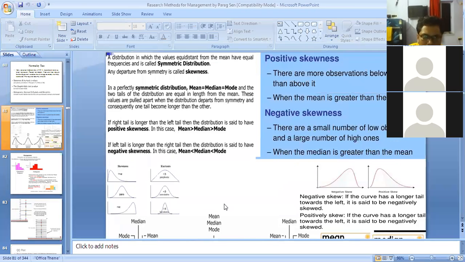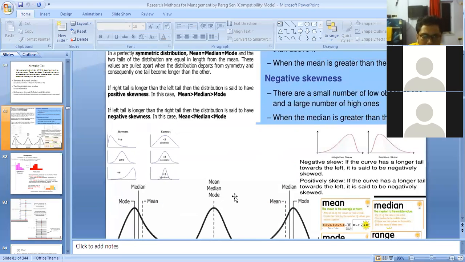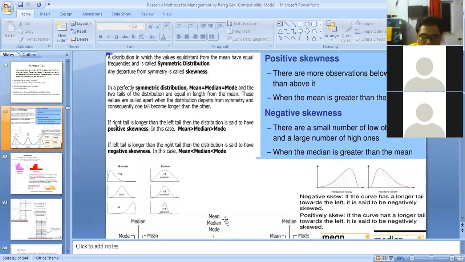Any departure from symmetry is called skewness. In a perfect normal distribution, mean is equal to median is equal to mode.